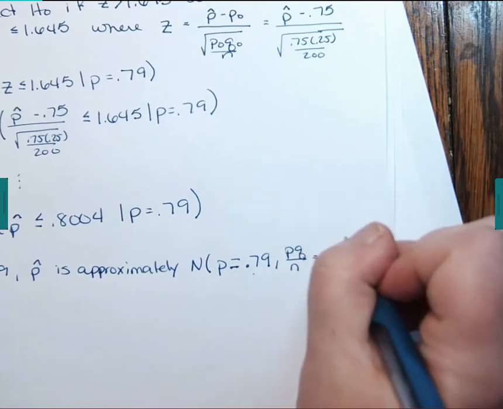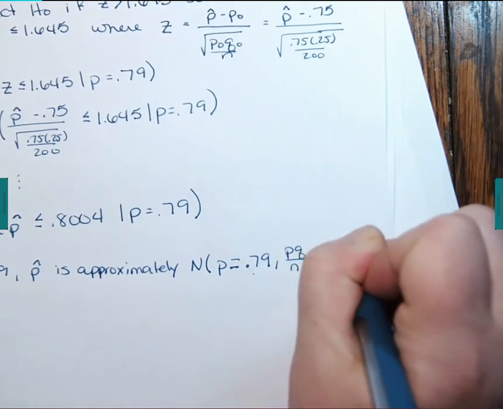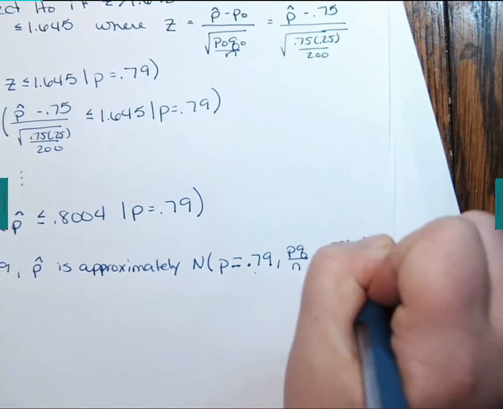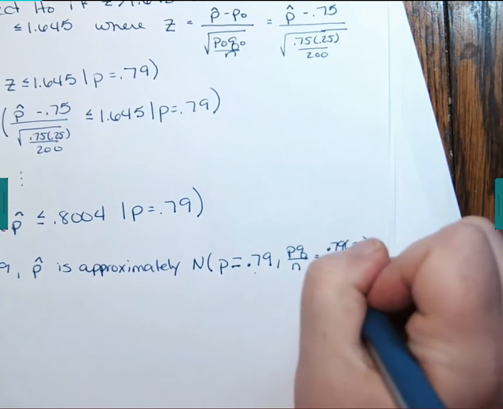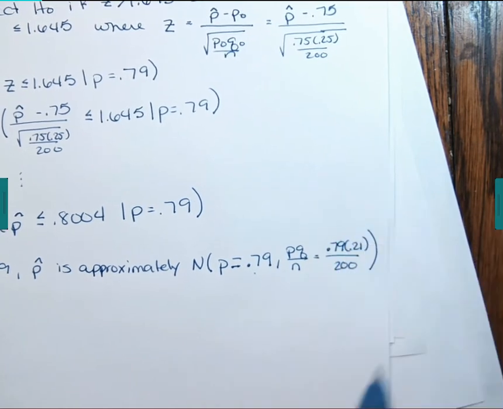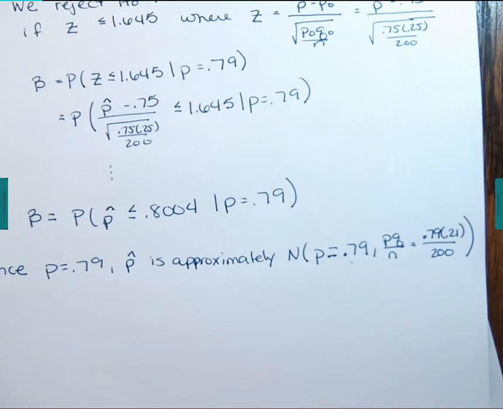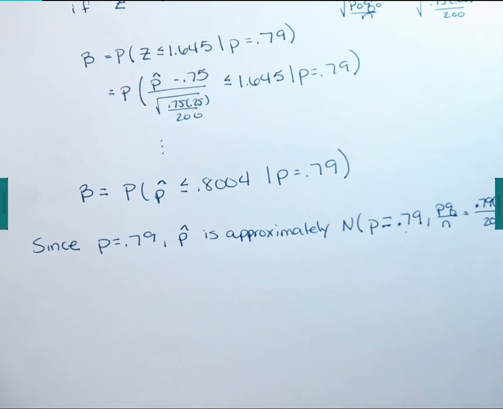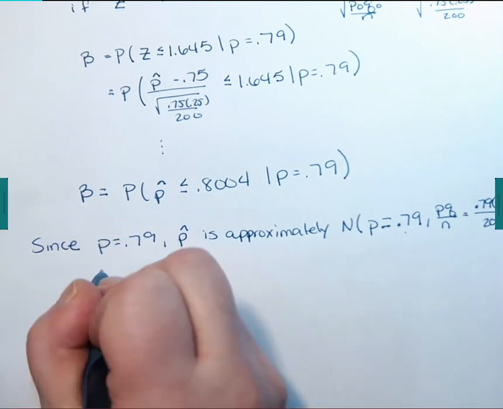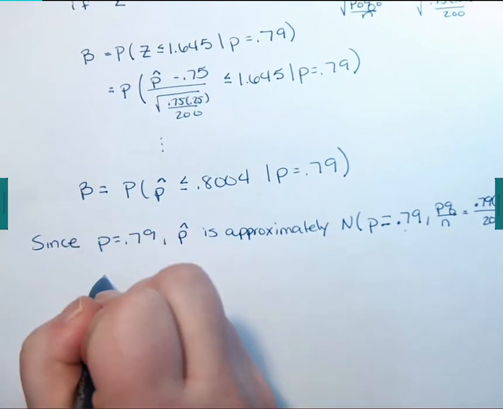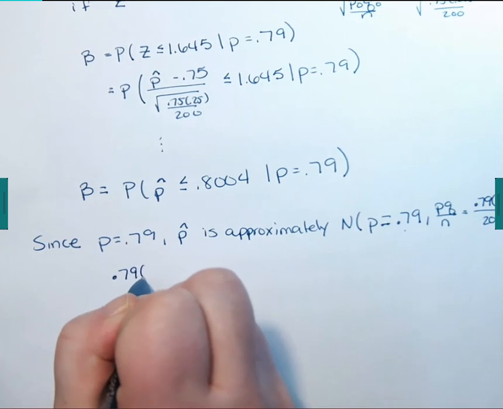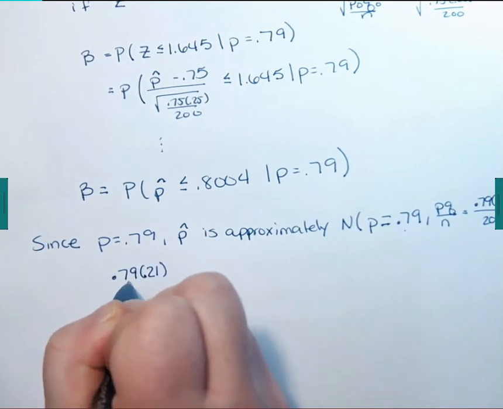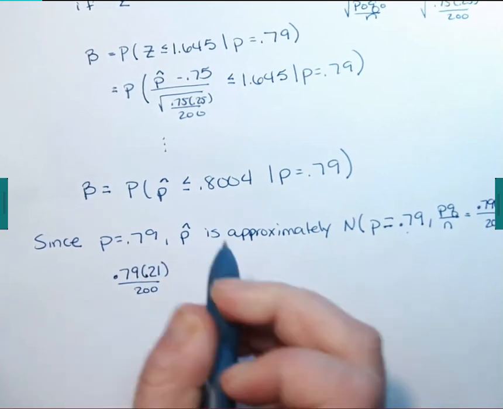So plugging these in, we're going to have 0.79 times 0.21, again divided by our sample size, which is 200, and that will give us the variance. So notice here that the variance of the sampling distribution, assuming that the alternative is true, is equal to 0.79 times 0.21 divided by 200.